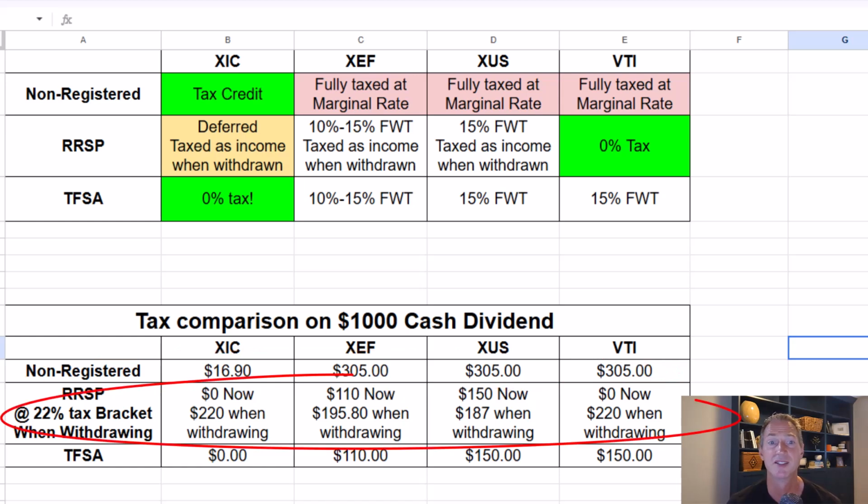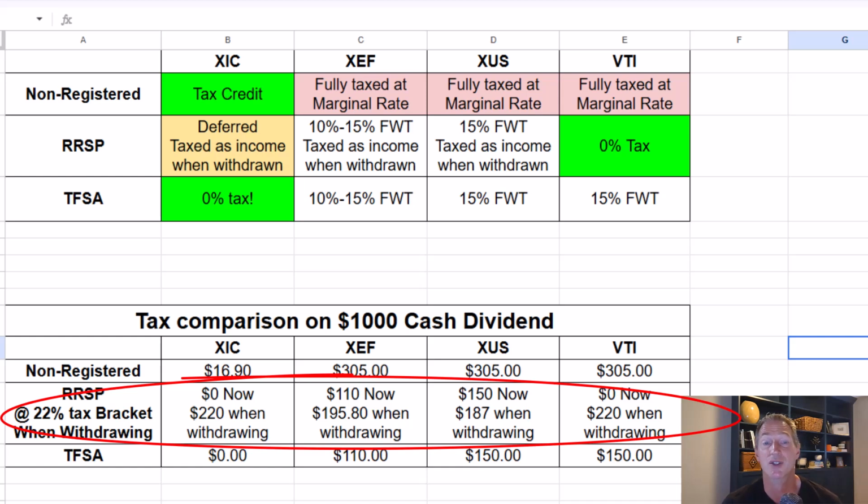Your RRSPs, Canadian dividends, right now as you're investing before retirement, $0 for the XIC, $110-ish for XEF, depending, again, it's in between 10 and 15%, $150 for XUS, and no taxes for VTI. And then when you start withdrawing, let's say you can retire in the 22% tax bracket, then XIC, this was a rough calculation, is about $220.